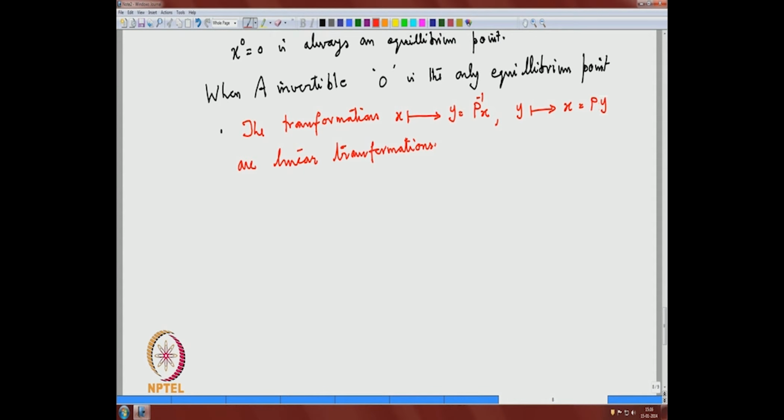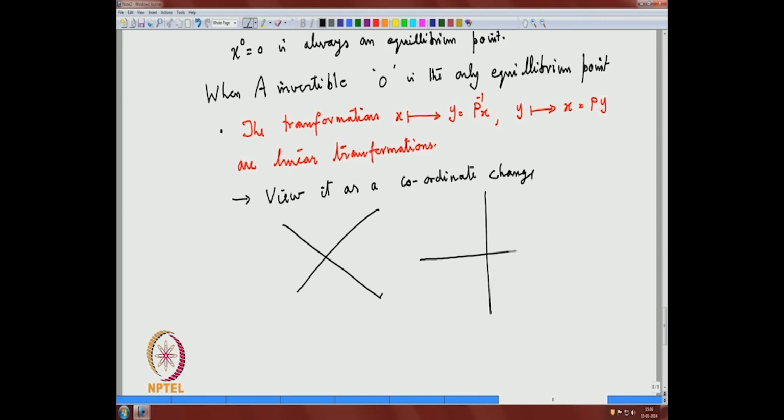Okay. Because it is a linear transformation, you can view it as a coordinate change, and that is an important one. So, basically when you are considering coordinate change, when you have some coordinates, you will be looking at two coordinate changes, either x going to y or y going to x.